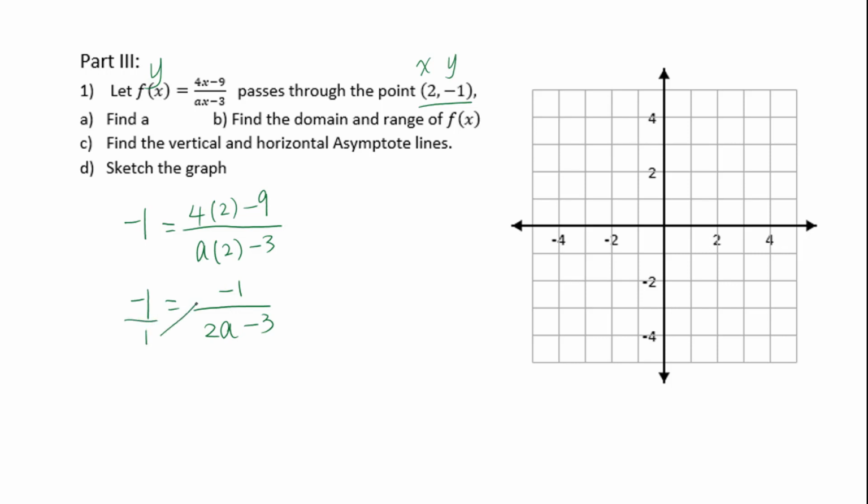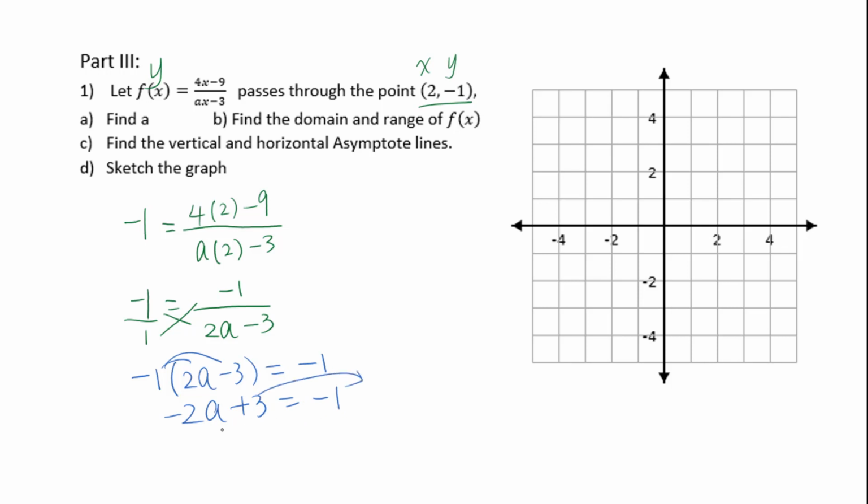Then cross multiply. You will get -1 times (2a minus 3) equals 1 times -1, which is -1. Distributive property: -2a plus 3 equals -1.